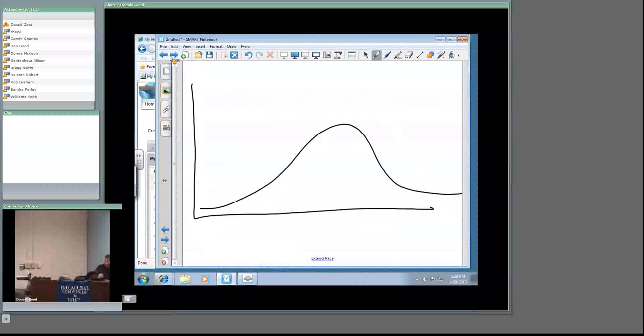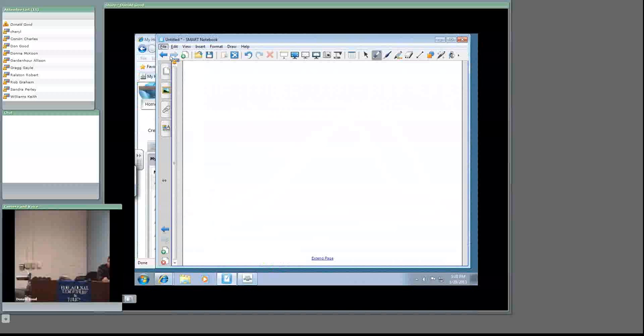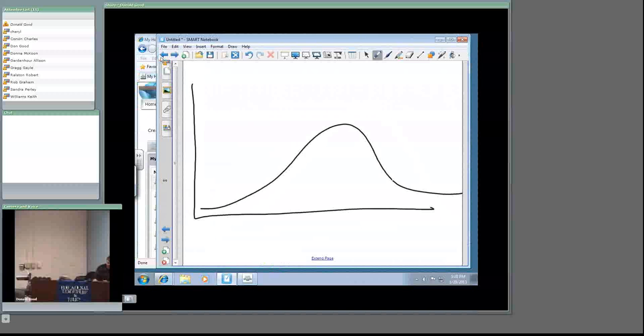A bell or bell-shaped curve. And we know that right in the middle is the mean, because that's the balance point, the center of gravity.